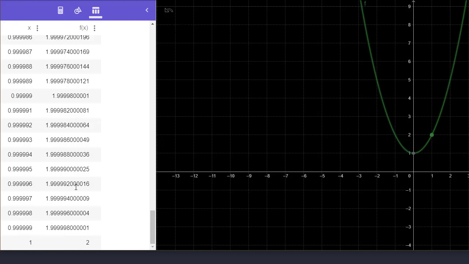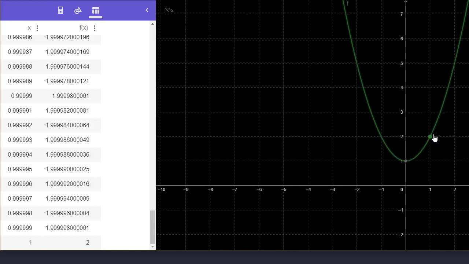But hopefully from here what you can see is that as x gets closer and closer to 1, the y's are getting closer and closer to 2, which should be obvious because when we plug 1 into the function, we just get 2. So if we plug in something really close to 1 into the function, we should get something really close to 2 out of the function.